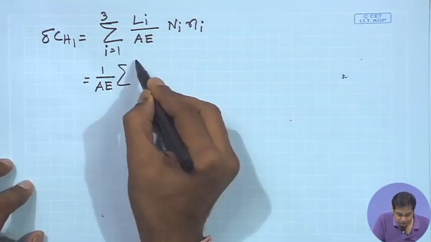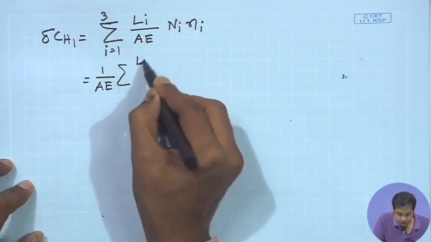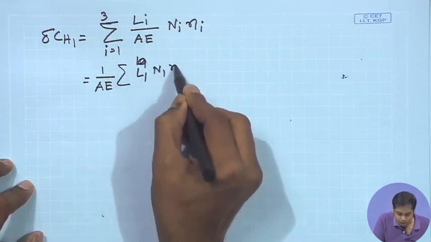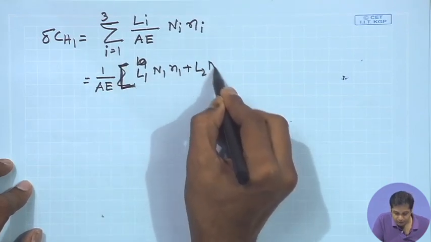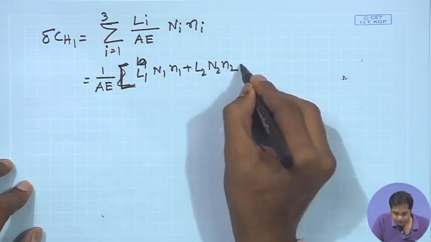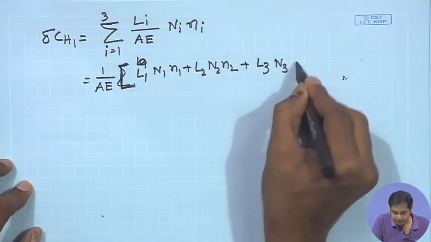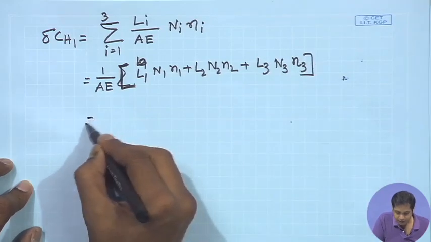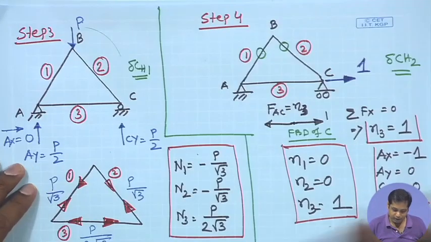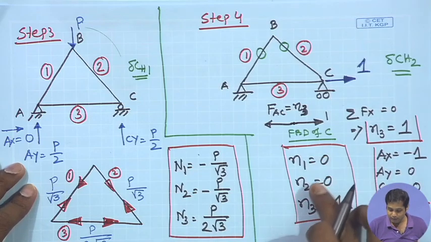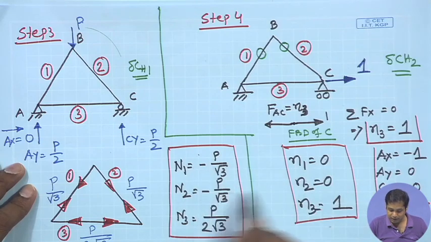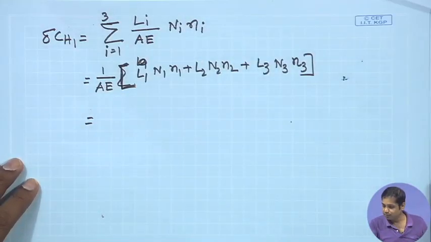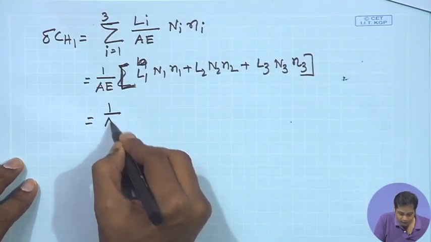So, this would be then L1 N1 small n1, plus L2 N2 small n2, and then plus L3 N3 small n3. Now, you see here we have already determined N1, N2, N3 and small n1, small n2, small n3. So, small n1 and n2 are 0, so N1 times n1 is 0, and N2 times n2 is 0. What we are left with is small n3, so 1 by AE.